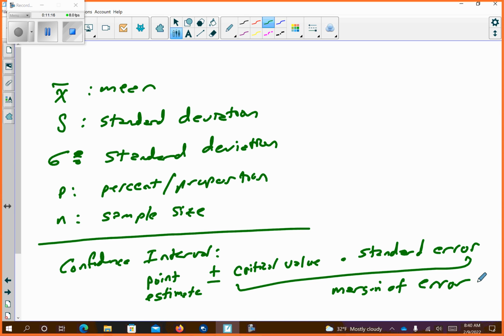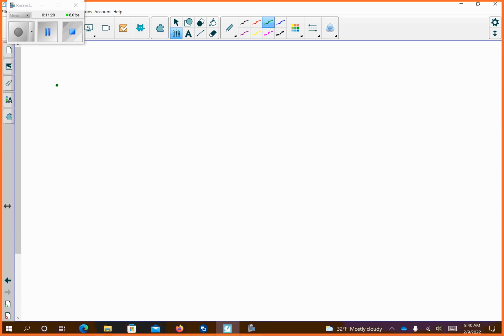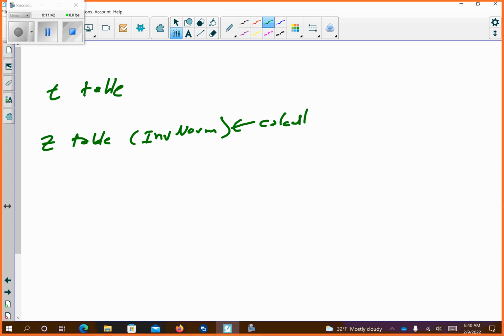So here, let's write that down. Okay, so T table, and then I'm going to say Z table, but know that we don't have a Z table. I could print one up, but your calculator will do the same thing. This is the inverse norm on the calculator. Okay, so the T table versus the Z table.